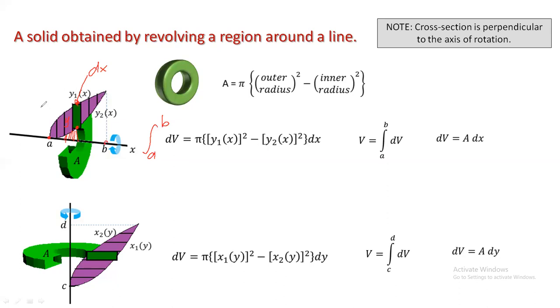Dumduman nyo lang si Superman. Galupad siya. Why siya nag-a-attach sa axis of rotation? This one, if your axis of rotation is horizontal. The same area, leaf-like in shape, but this time you will rotate it around the y-axis.